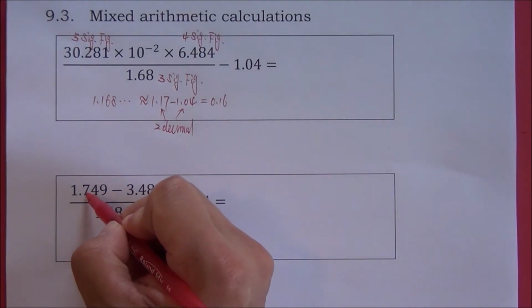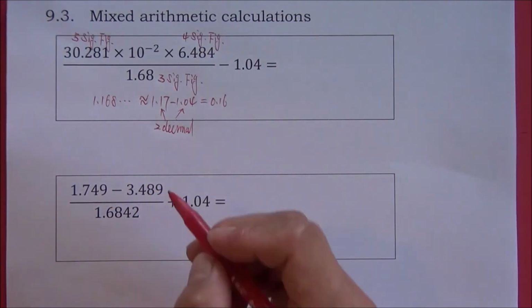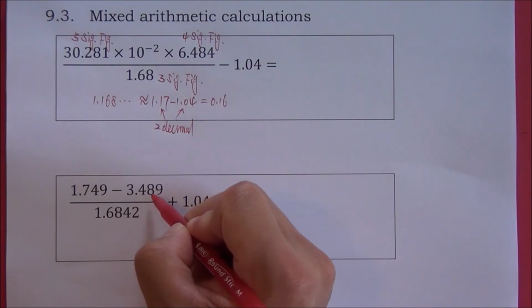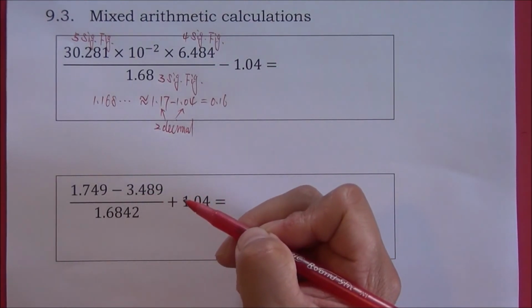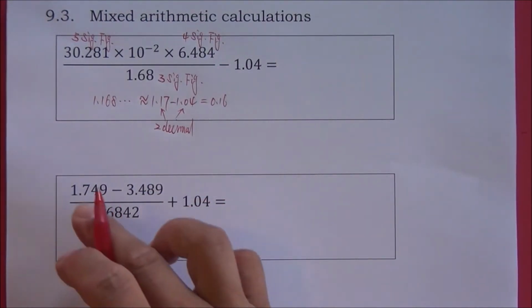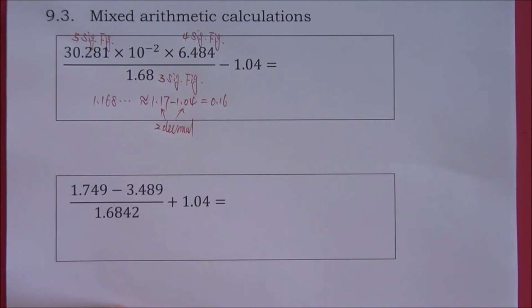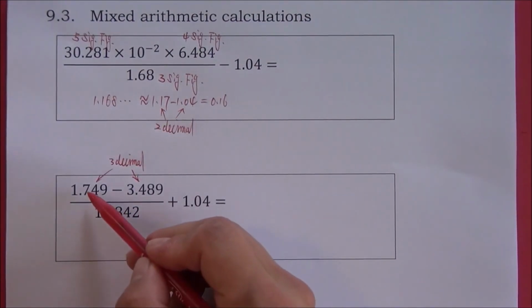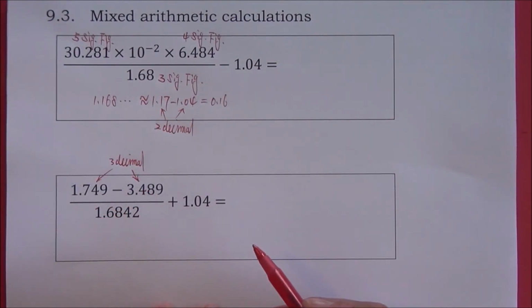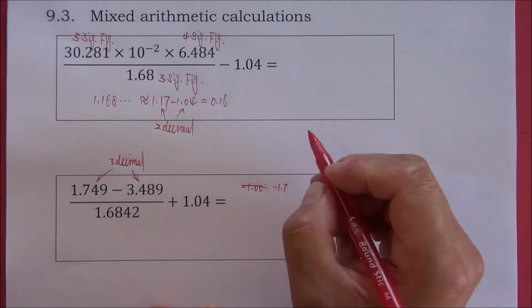The first number has 1, 2, 3 decimal places, and the second number has 1, 2, 3 decimal places as well. Since both numbers have 3 decimal places, the answer for this step should have 3 decimal places. And if we plug these two numbers into a calculator, we get negative 1.0337. Oh, sorry. The answer should be negative 1.741 for this step.